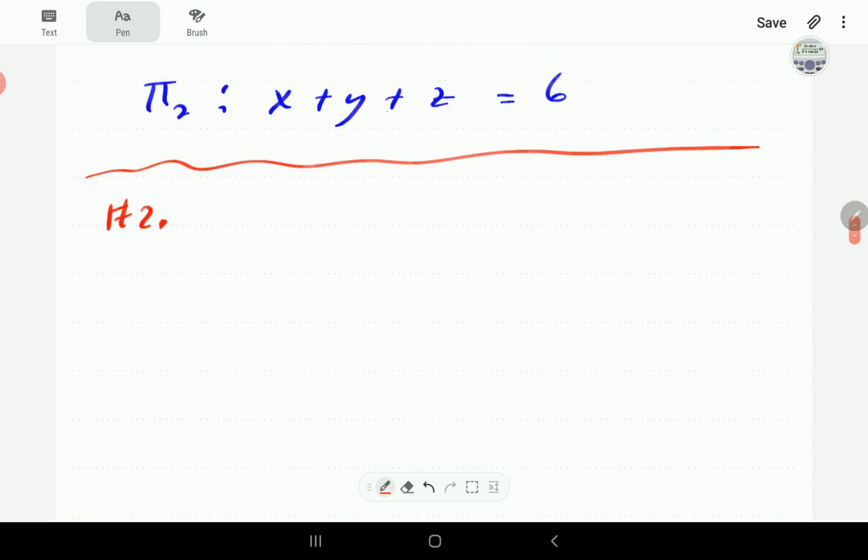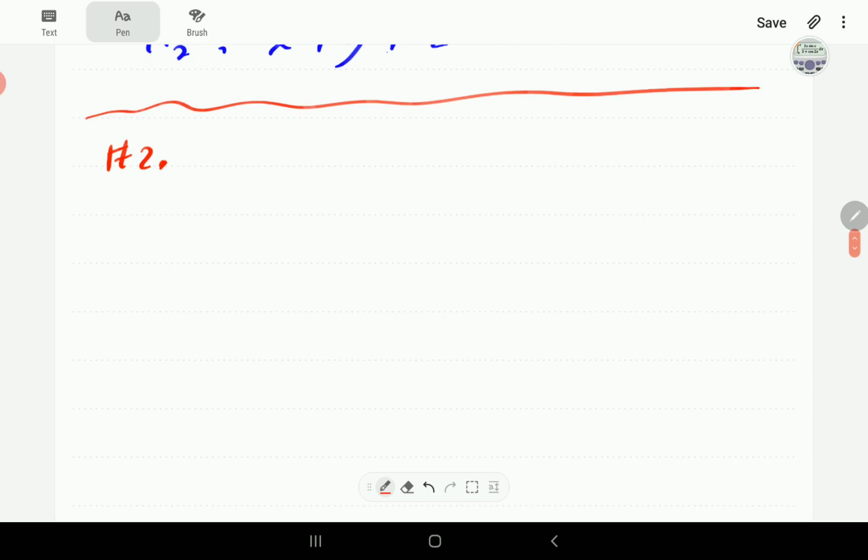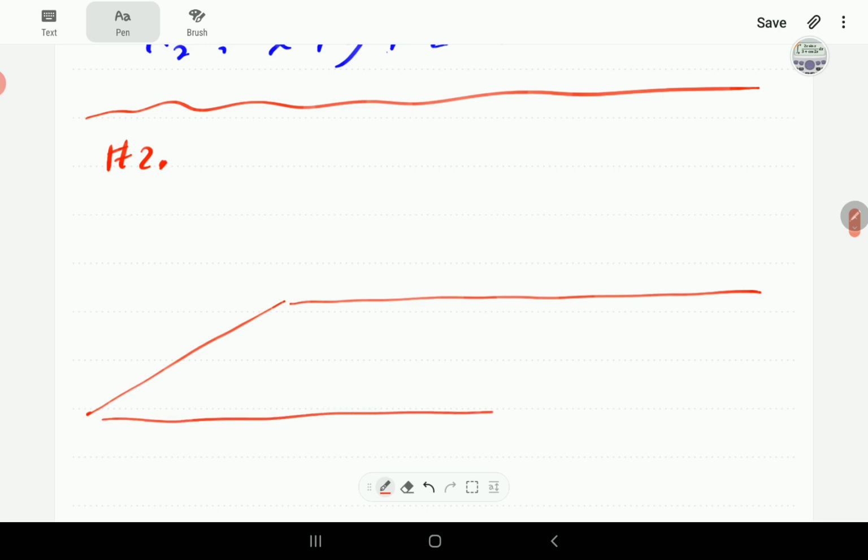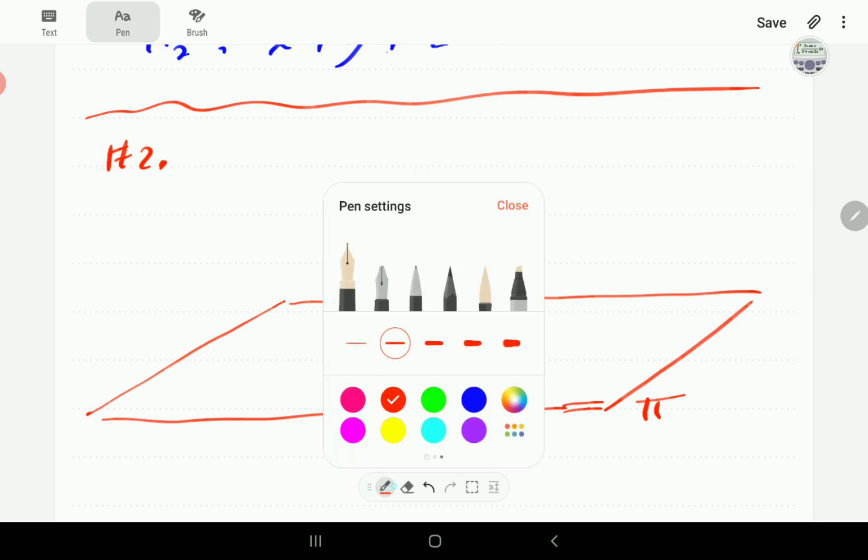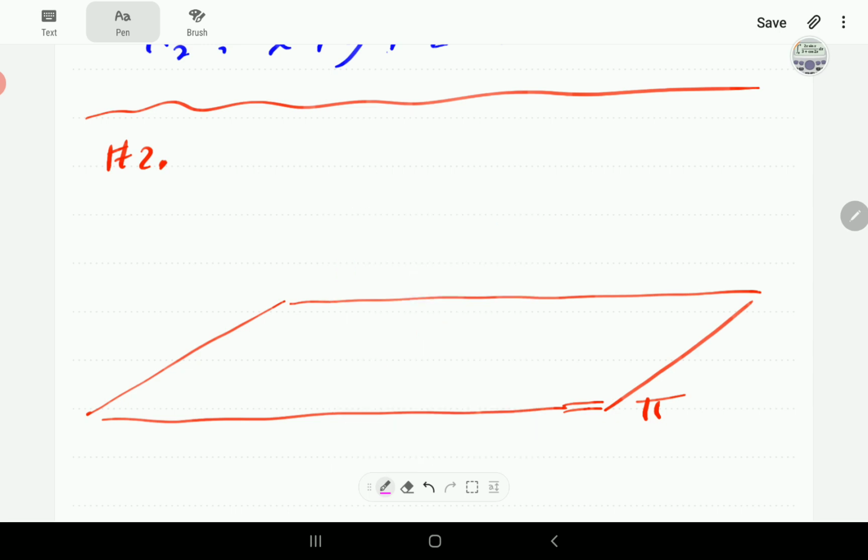So just a bit of background. When you have a plane, again in the sketch we're just going to assume that the plane is horizontal, so that is our plane. And then if there is a straight line that is not parallel to the plane, then the straight line is going to intersect with the plane.